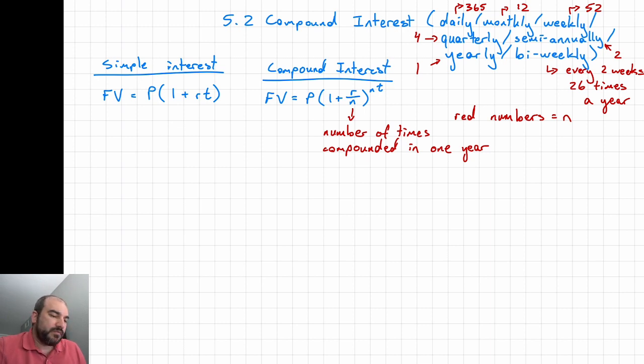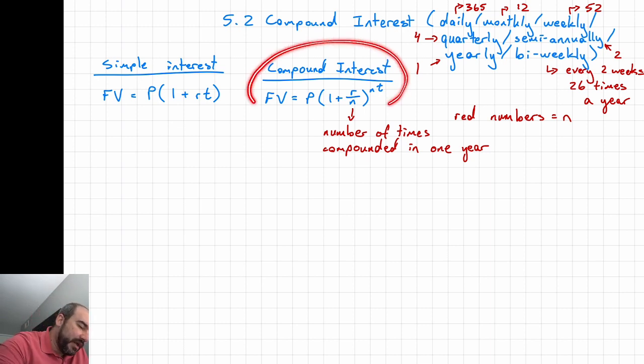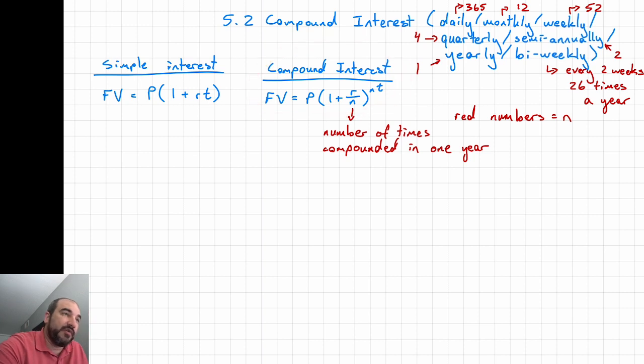Okay? So this formula is how we compute future value for a compound interest question. And you'll see in the in-class worksheet that the examples will say compounded monthly, yearly, weekly, whatever, something like that.